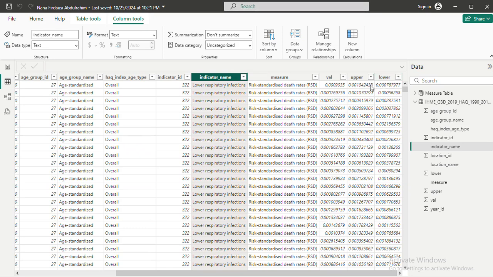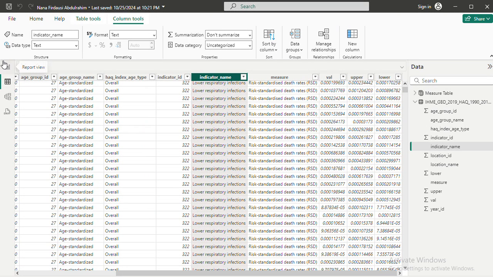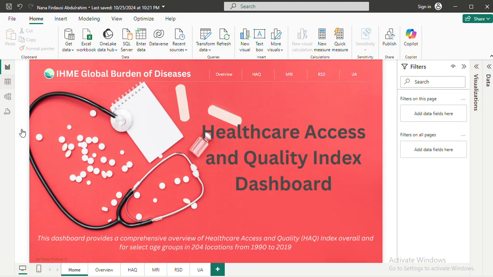I use this to calculate the confidence interval so as to do the uncertainty analysis to know how reliable the data set is. So this value is actually measuring this measure. So that's all. I moved on to the report and started building my dashboard.